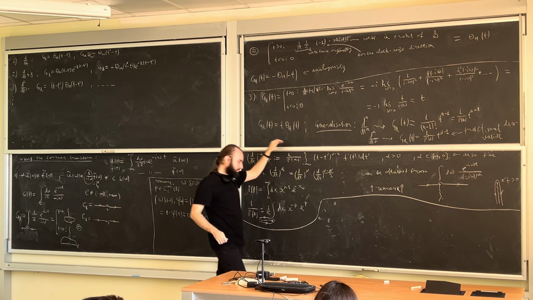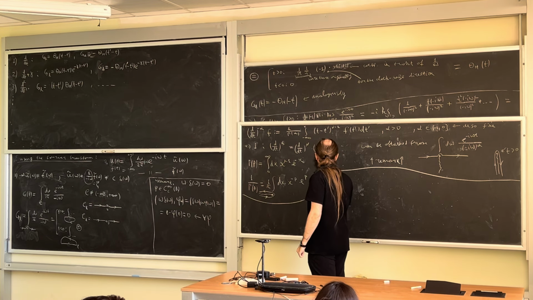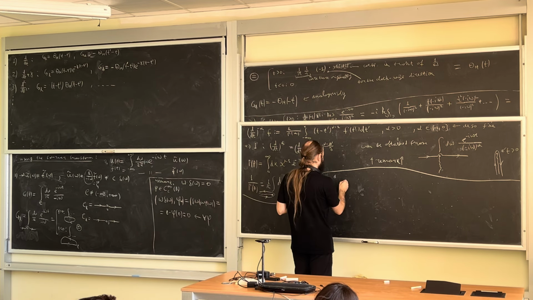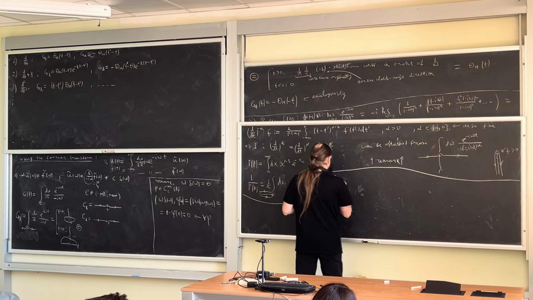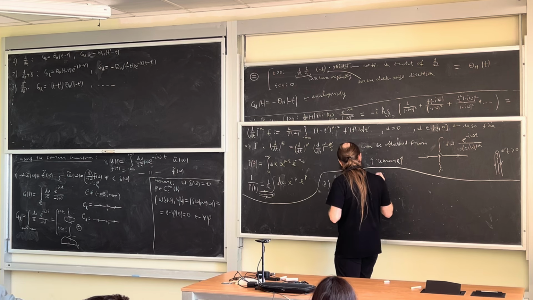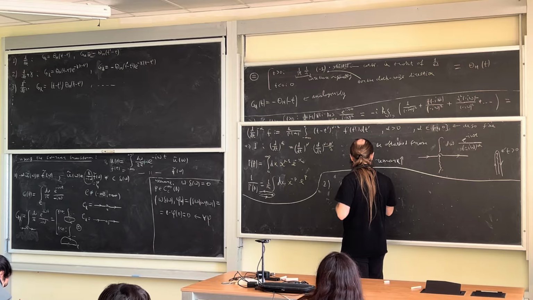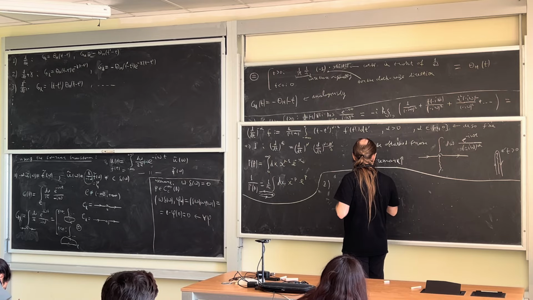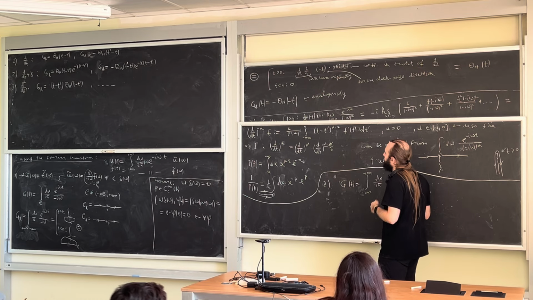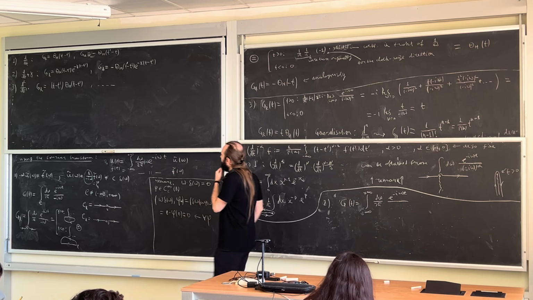So case 2. In this case, we want to compute this gain function naively. We need to go from minus infinity to plus infinity, d omega over 2 pi, e to the minus I omega t over, what should I write in the denominator?